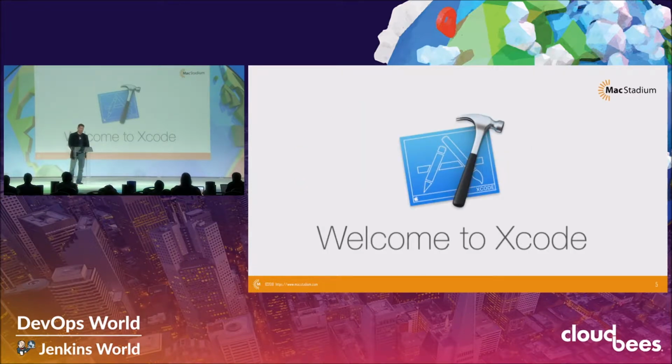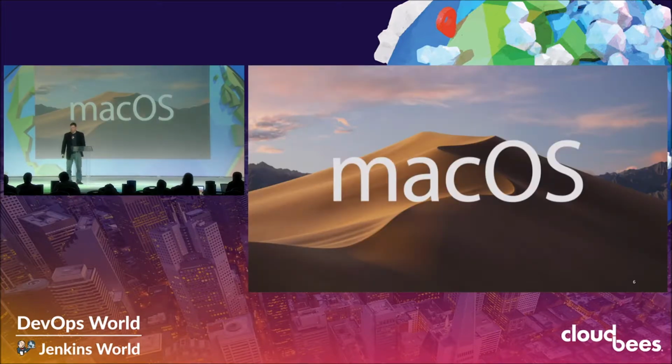So, if you use iOS or know people that do, you know Xcode. If you don't know, Xcode is what you have to use to compile and build iOS and macOS applications. Everyone that does this has to use this tool. It only runs on Macintosh.